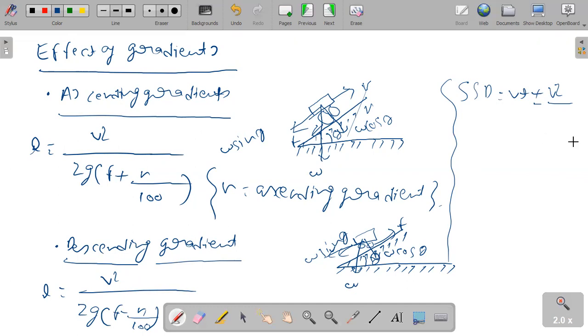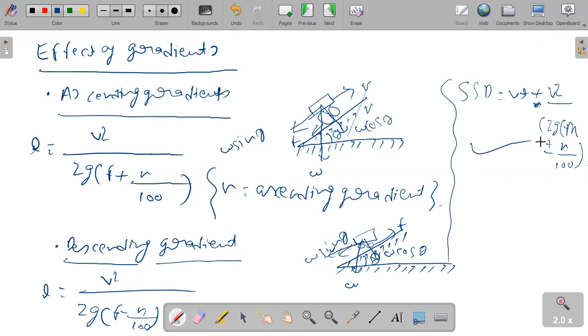Here f is the efficiency if given in questions. Do remember this formula and you'll easily get the stopping sight distance due to the effect of gradients.